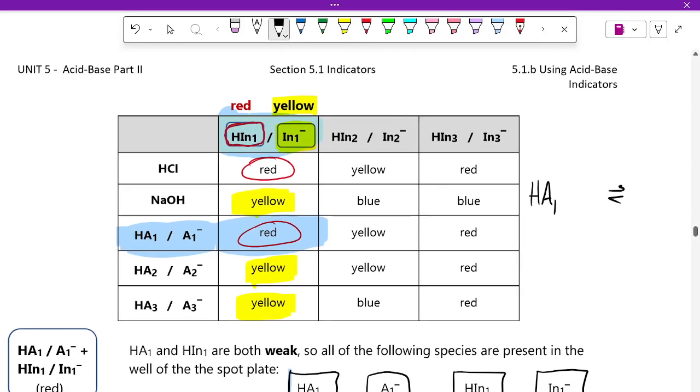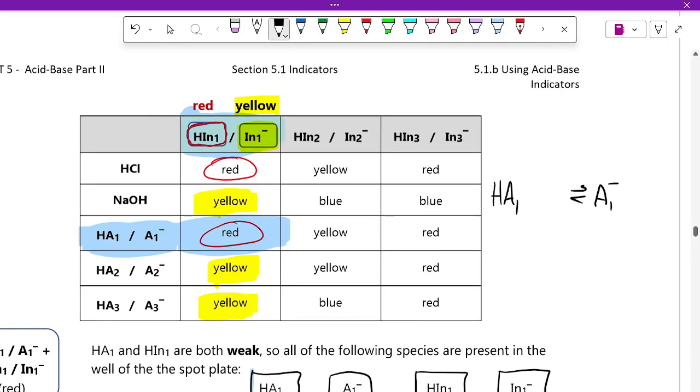There's got to be at least one of them that goes on the right. A minus. And if that's the case, where does HIn go? Right beside A minus. So we have HIn, and over here, we're left with In minus.